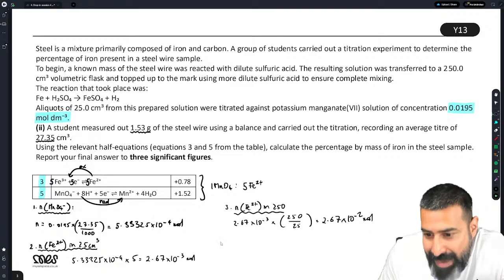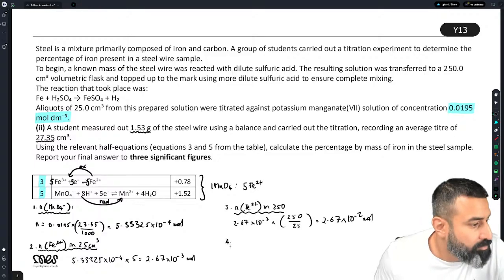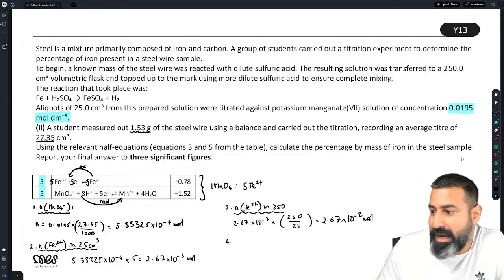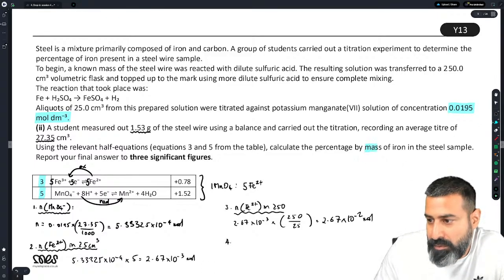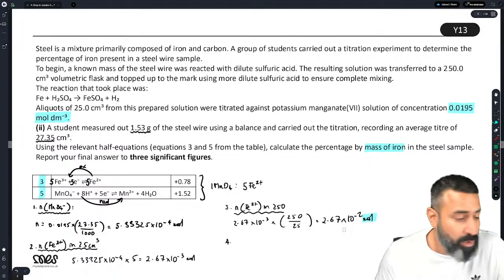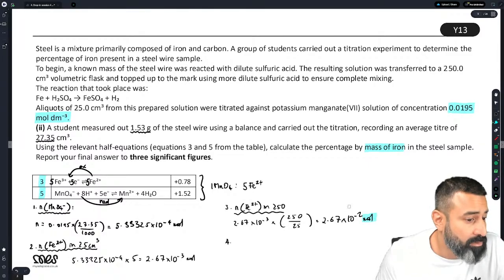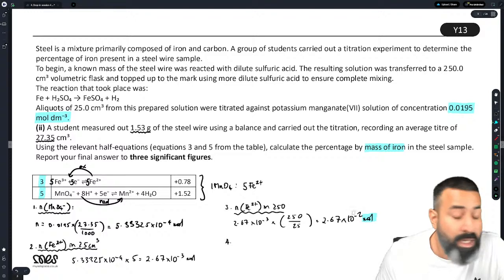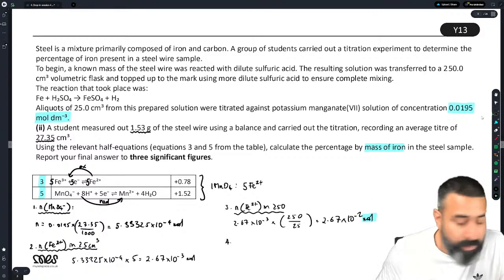So I'm after the mass of iron. If I'm after the mass of iron in the steel sample, I've got the moles. How do I go from moles to mass? I times it by the Ar of iron, which is what?